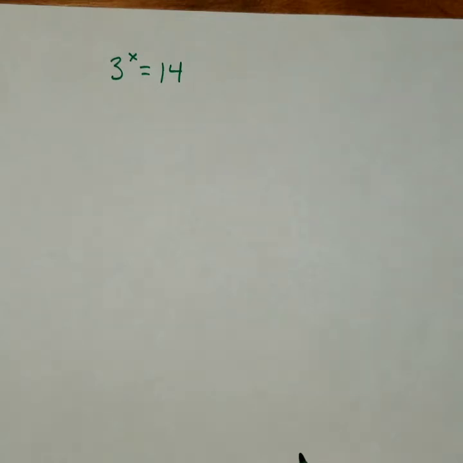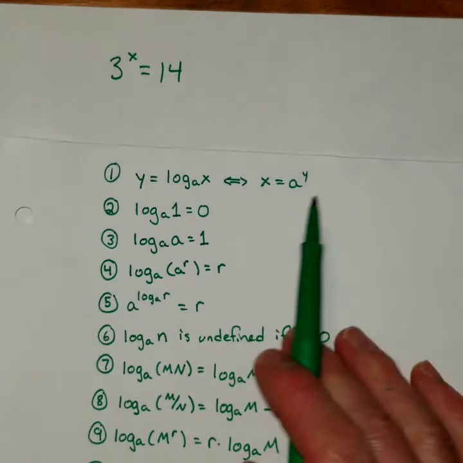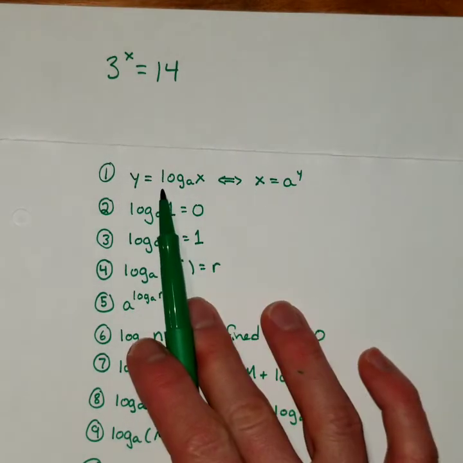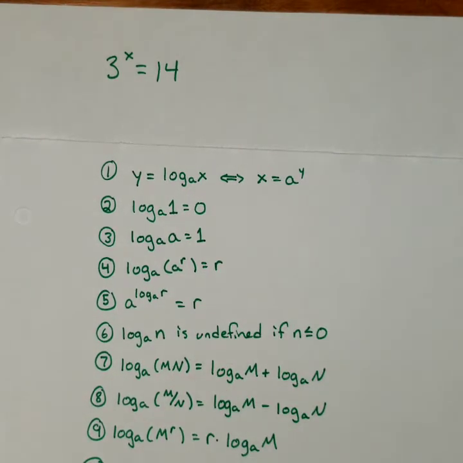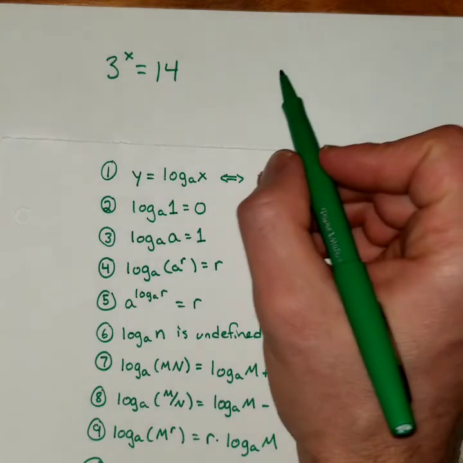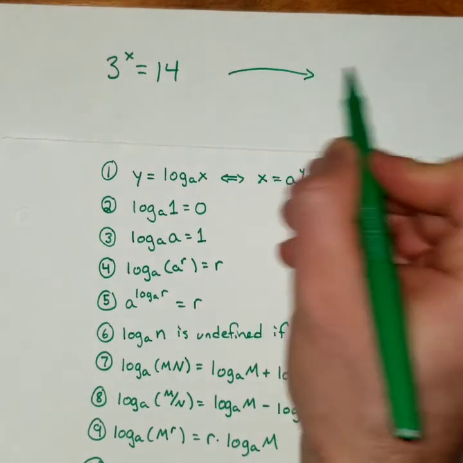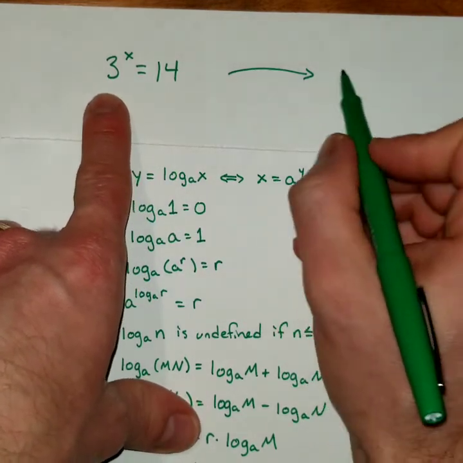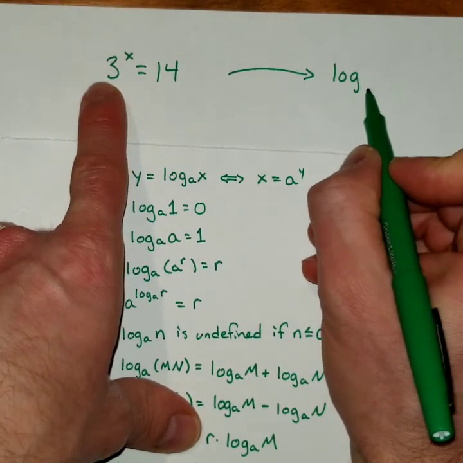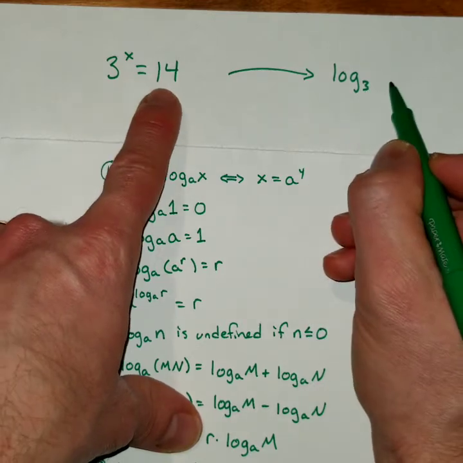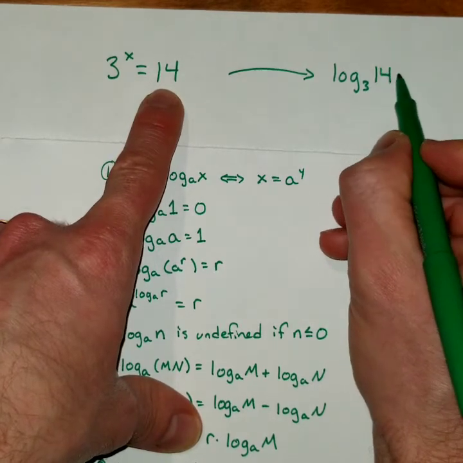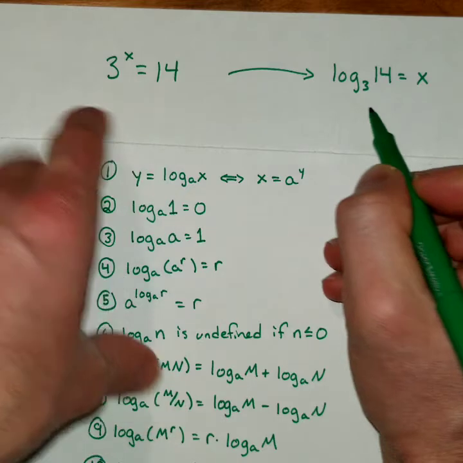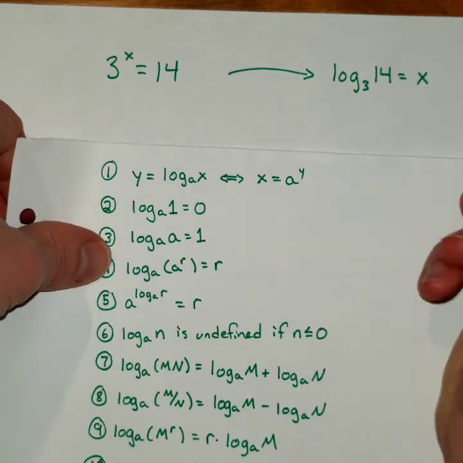Now I could do this with a simple conversion from exponential form to logarithmic form. And if I did it that way, maybe I'll do that over to the side here. If I convert this, I would want my log with the same base of 3, but then I switch and use the 14 with the log, the x on the other side, and oh, there's my answer. It's log base 3 of 14.